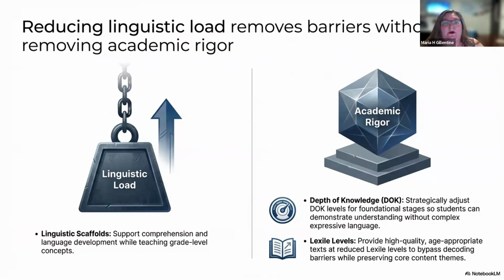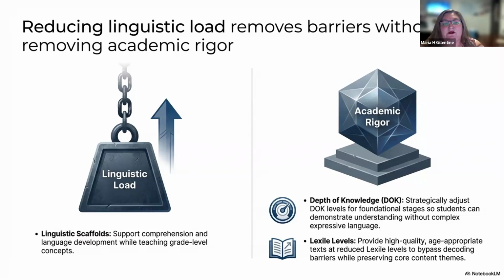So academic rigor refers to the complexity of the thinking required. Linguistic load refers to the language demands placed on the students. So when students are struggling because of language barriers, the answer is not to lower expectations. Instead, we provide supports that reduce the language demands while preserving the cognitive challenge of the task, right?